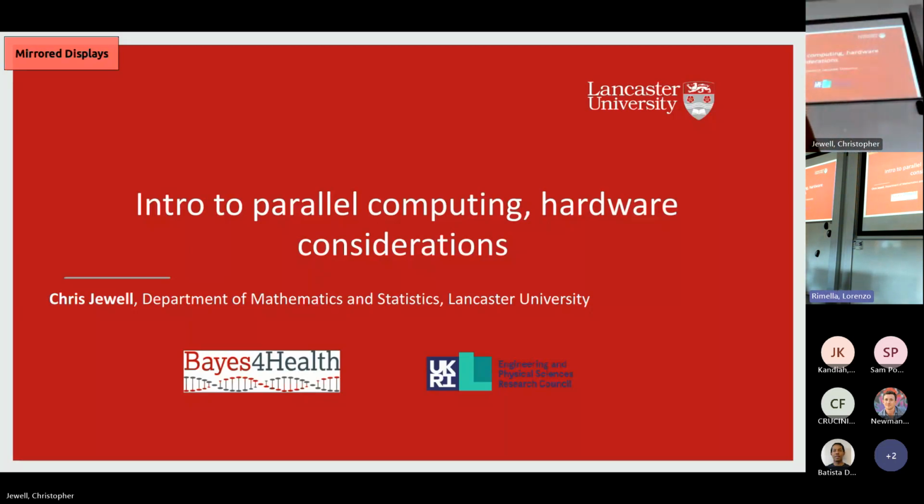So Lorenzo and I have been doing quite a lot of parallel computing. For those of you who don't know, the reason why I'm attached to Bayes for Health is because my research centres around epidemic inference and prediction. I come from a background where we use very high dimensional models, which are very computationally intensive.